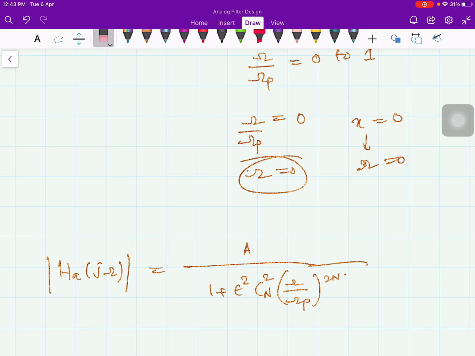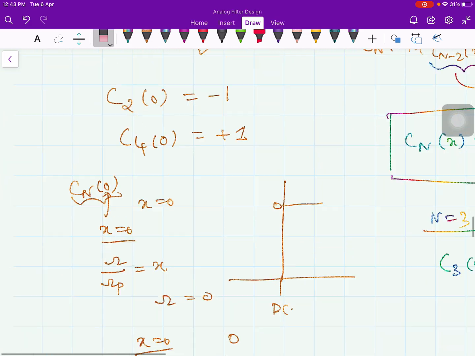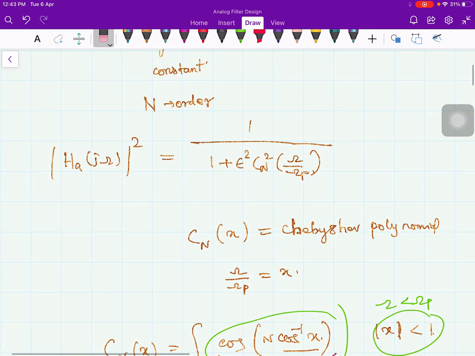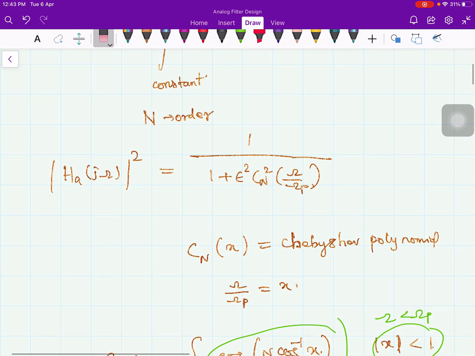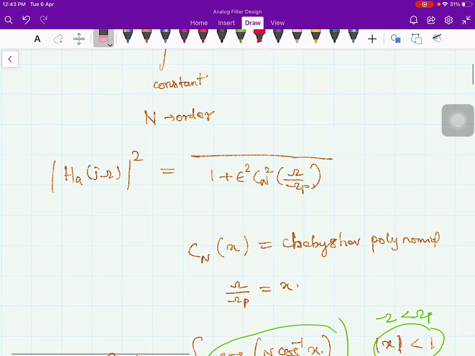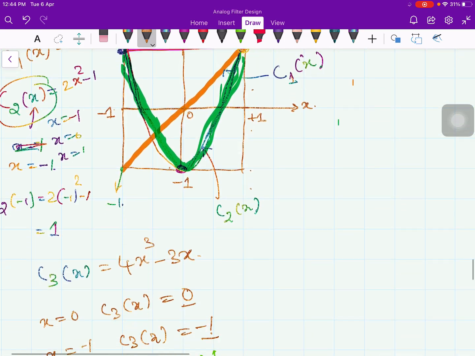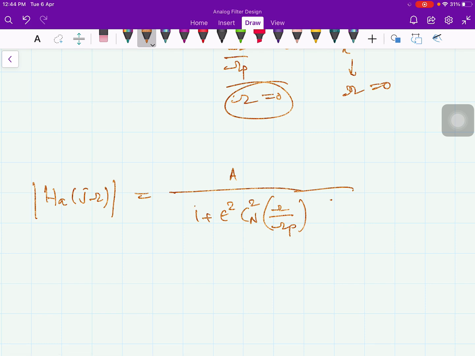I'm sorry, this 2n will not come here. Have I done the same mistake in the beginning of the lecture also? No, thank God. Here this is A actually, a constant, right? Okay, and then square root, let me write down the square root as 1 by 2.